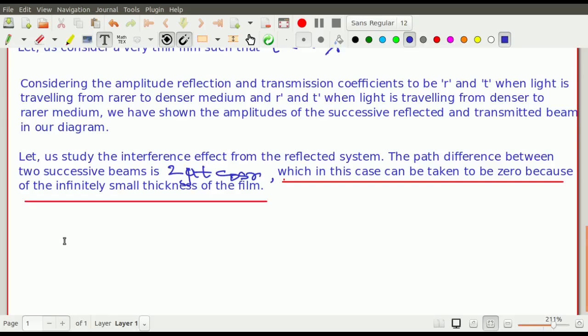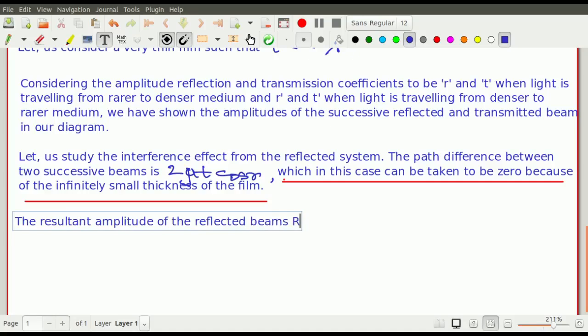So what is the resultant amplitude of the reflected beams, that is R1, R2, R3, R4?